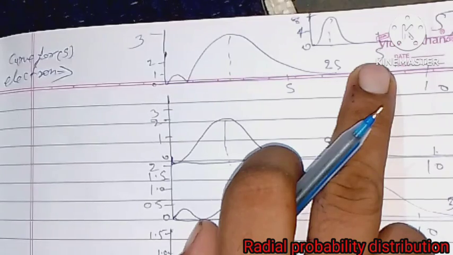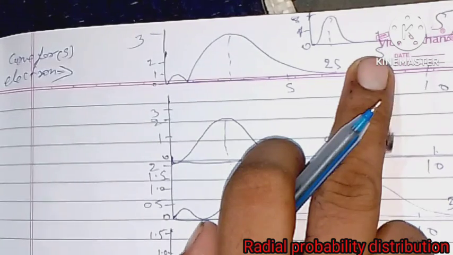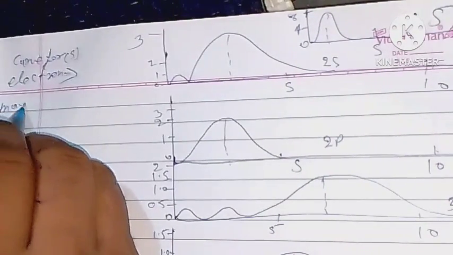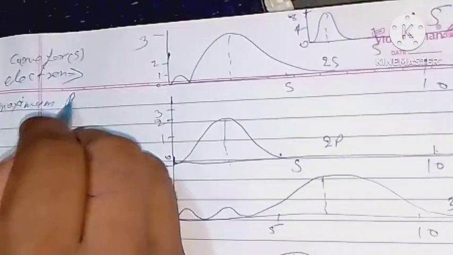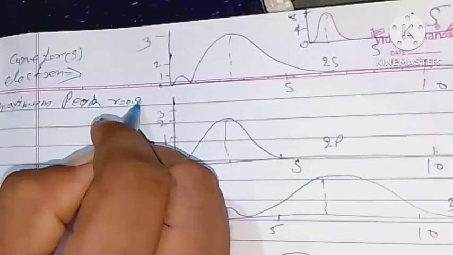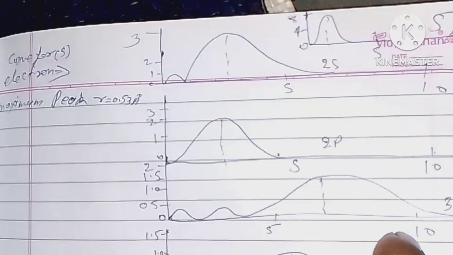Probability increases as r increases and passes through a maximum peak at r equal to 0.53 angstrom. Finally, it falls to 0 as r tends to infinity. Hence, the radius of maximum probability for the 1s electron is 0.53 angstrom.